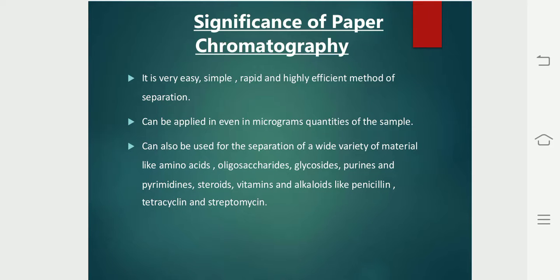It can also be used for the separation of a wide variety of materials like amino acids, proteins, oligosaccharides, glycosides, purine and pyrimidine bases, steroids, vitamins, alcohols, and other alkaloids. These are the significance and the applications of chromatography.